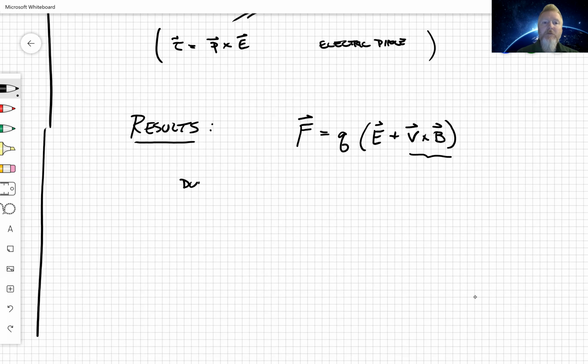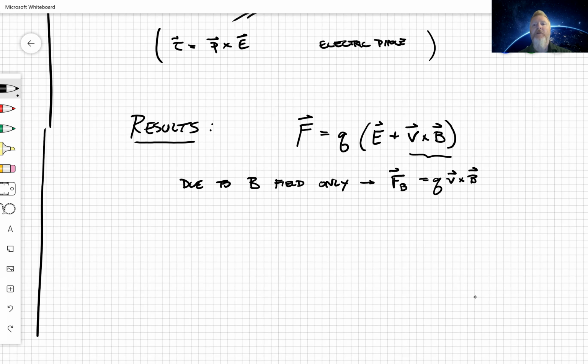So due to a B field only, this reduces to like so.